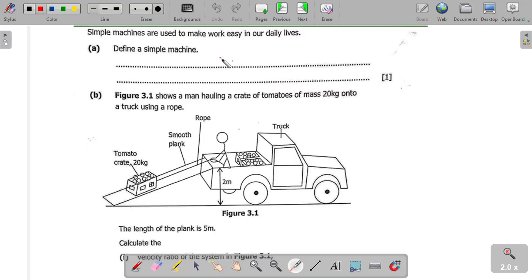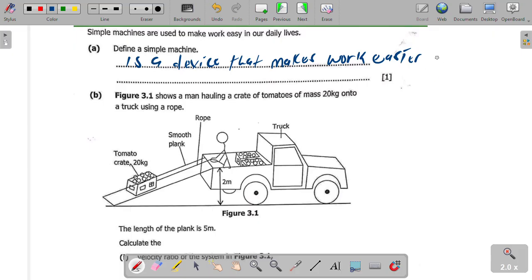So we're going to answer this question by saying: a simple machine is a device that makes work easier.